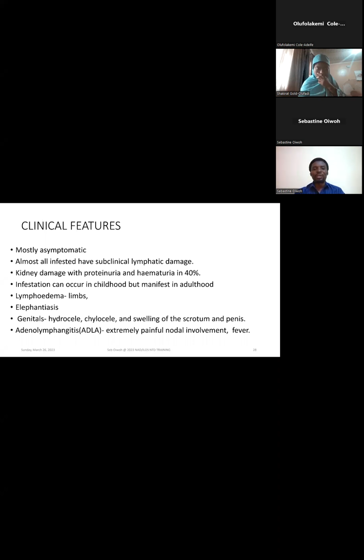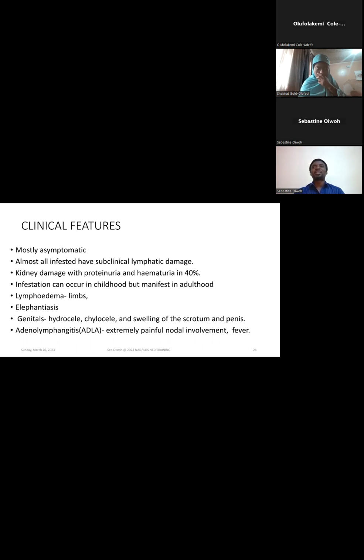Other clinical features can also include swelling of particular parts of the body. If it involves the breast, there will be an increase in the size of the breast. If it's a limb, there's an increase in the size of the limb.